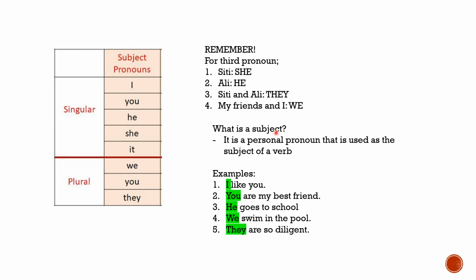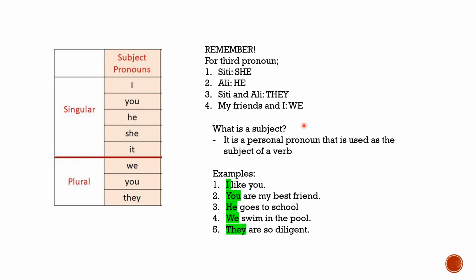What is a subject? We have learned before. In any simple sentence, the sentence structure consists of subject, verb, and object, right? The subject is usually the first word, located at the beginning of the sentence.